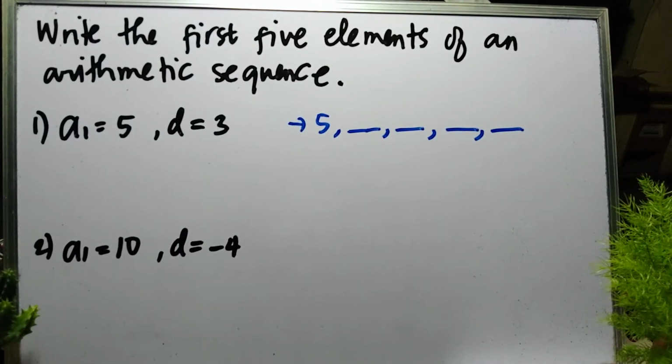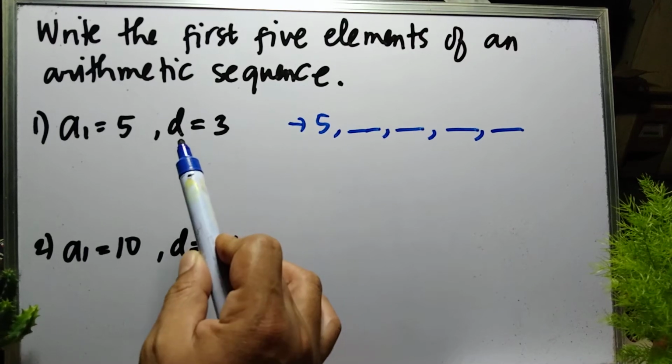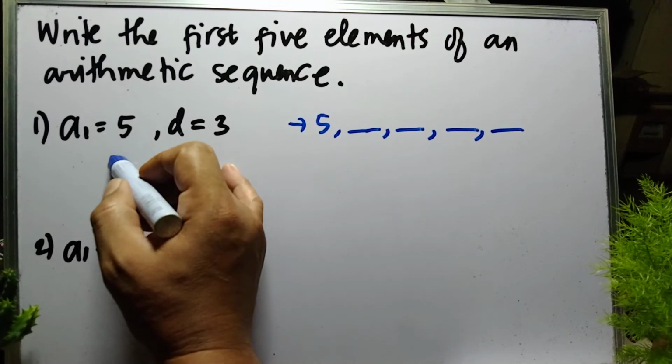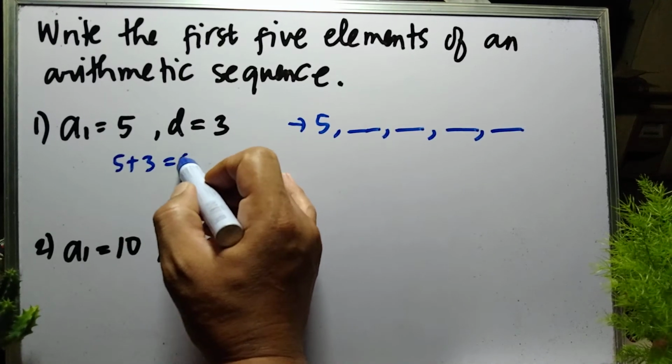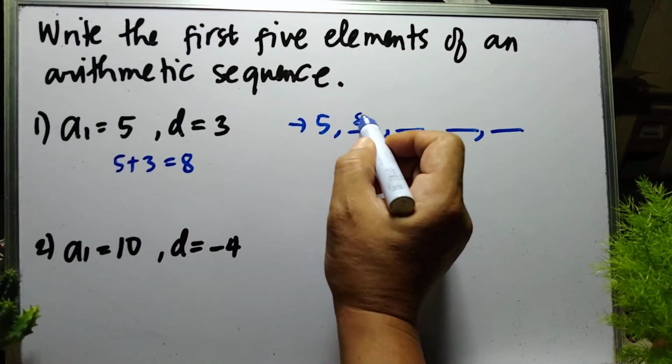So, how do we obtain the next 4 elements of the sequence? Okay, since we are given that the common difference is equal to 3 or positive 3, all you need to do here is you add 3 to your first element. So, 5 plus 3, you have 8. And 8 will be your second element.